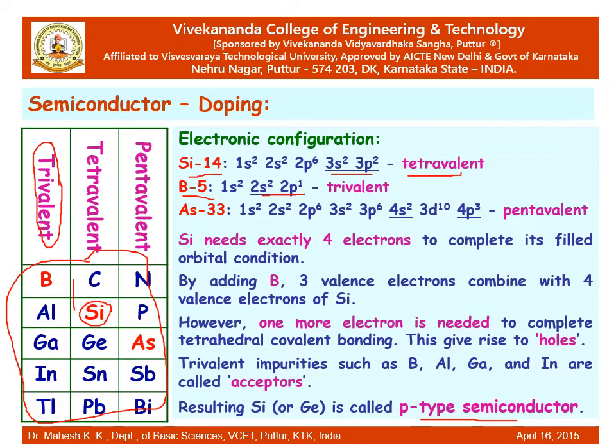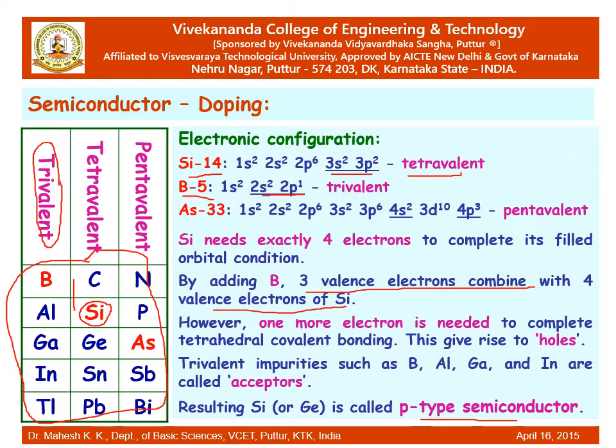In this 2p1, we have one electron, and by adding boron, 3 valence electrons will combine with the 4 valence electrons of silicon.